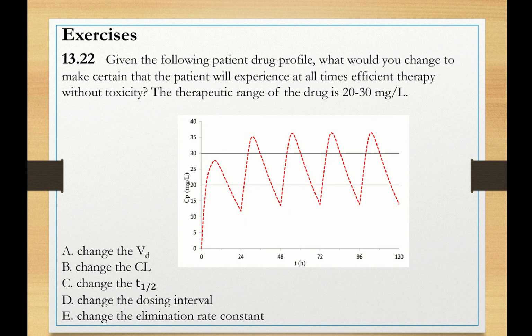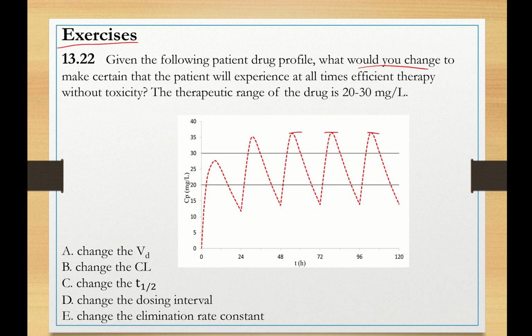Now it's time for you to practice, and I have included one exercise here, 13.22, which is testing your knowledge. What would you change to make certain that the patient will experience at all times efficient therapy without toxicity? Obviously, this is bad, right?